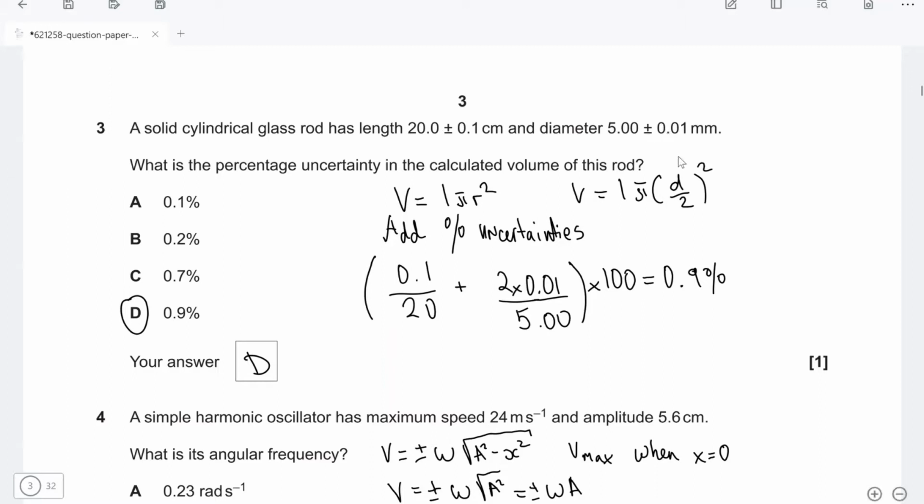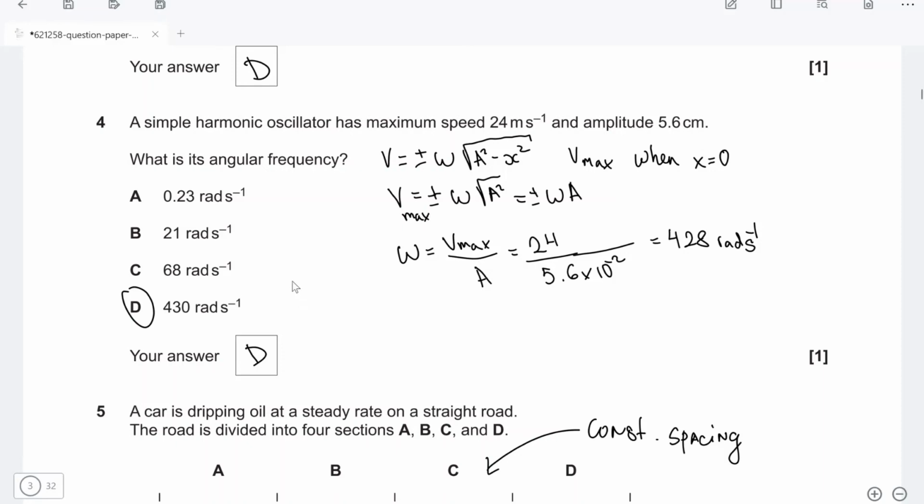If we are raising a quantity to a power, the percentage uncertainty is given by the power multiplied by the percentage uncertainty in just one of those quantities. In other words, we bring this 2 down here. So the percentage uncertainty is no longer 0.01 over 5, it will be twice that. Don't forget to multiply that by 100, and if we put that into a calculator, we're going to get 0.9%, and the correct answer being D.